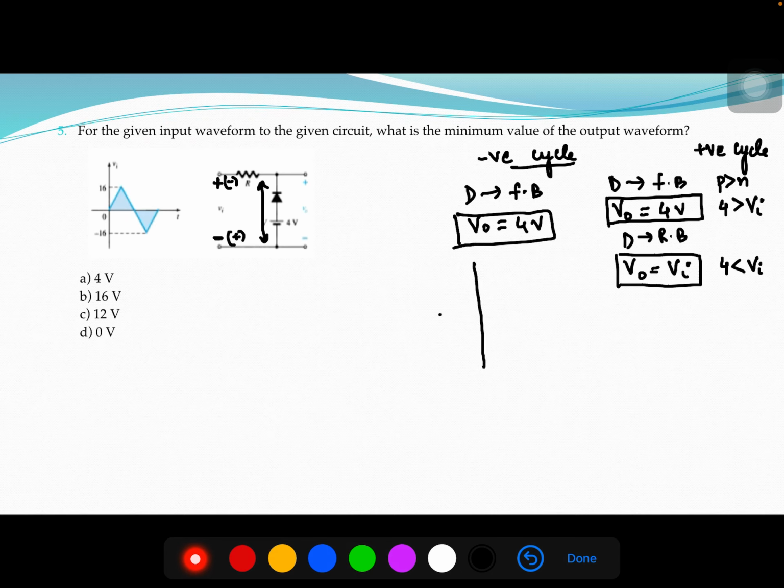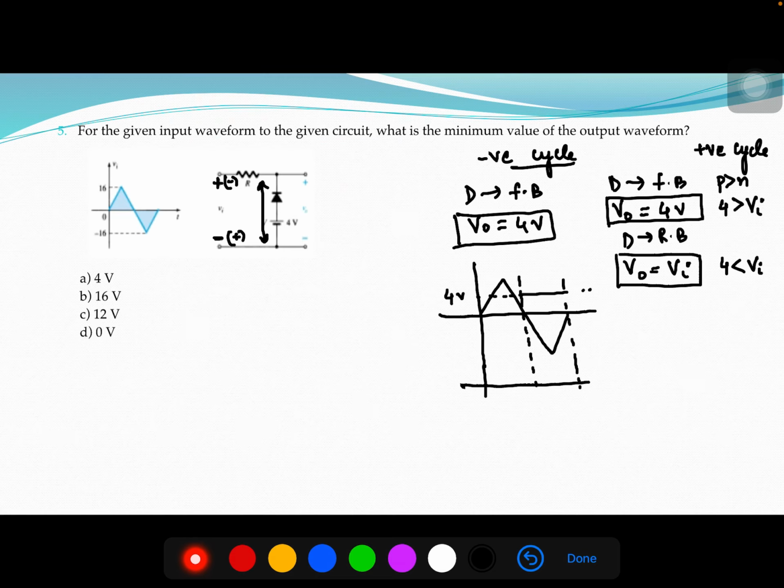Now you have to calculate the minimum value of the output waveform. So let us see what the minimum value is. This is your input. Just draw the battery of plus 4 volt also here, as it is a constant DC battery, so we will draw it with a straight line. Then separate the cycles, positive and negative cycles.